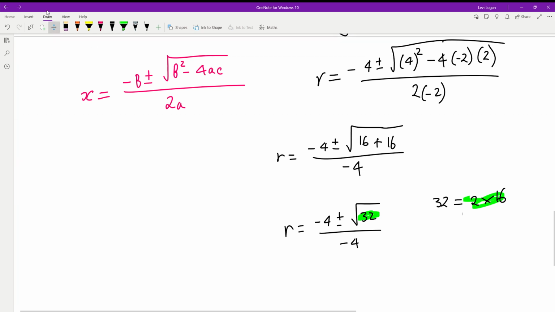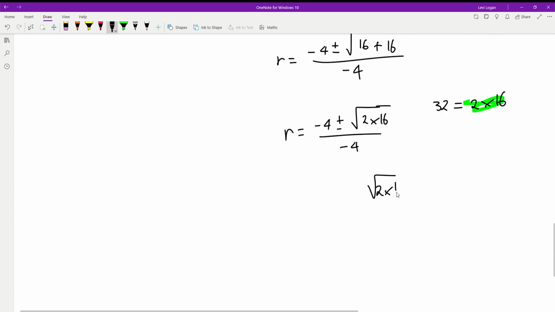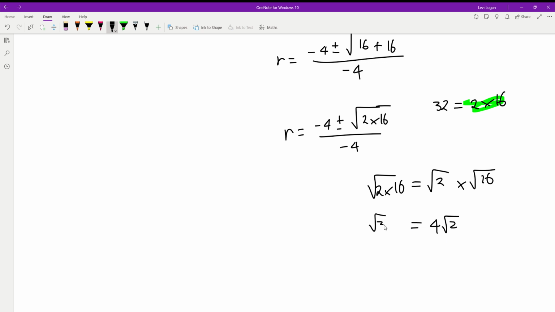Then we'd get 4 square root of 2 for the square root of 32. If you put it in your calculator, it would adjust to that as well, but that's how you do it without a calculator. So we have r is equal to negative 4 plus or minus 4 root 2 on negative 4.